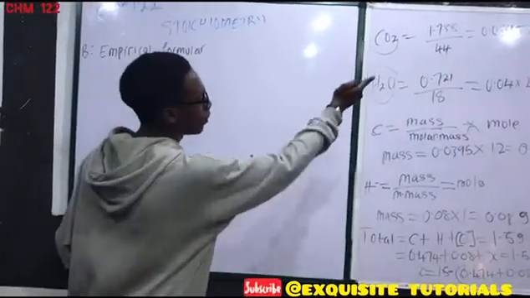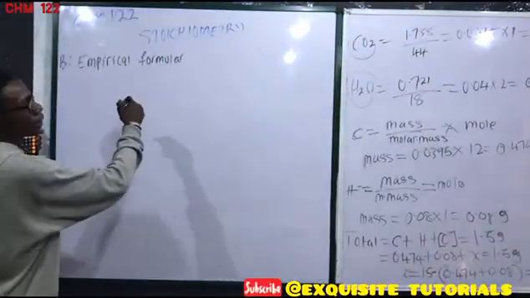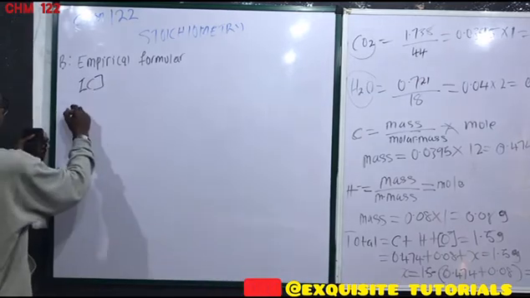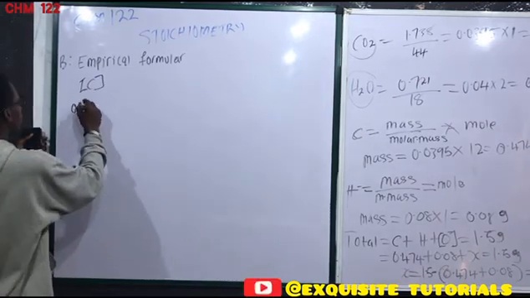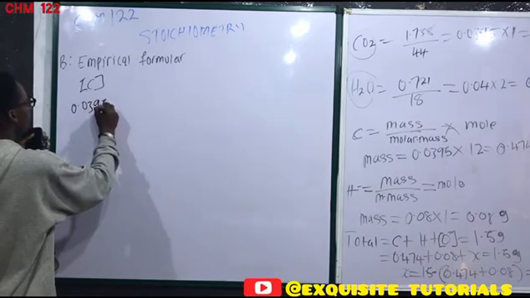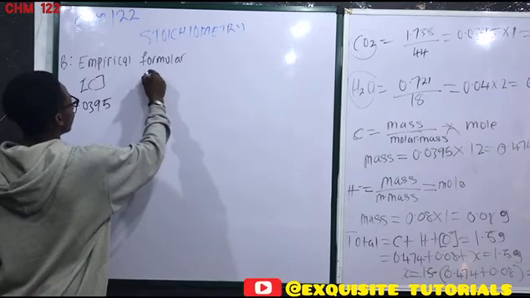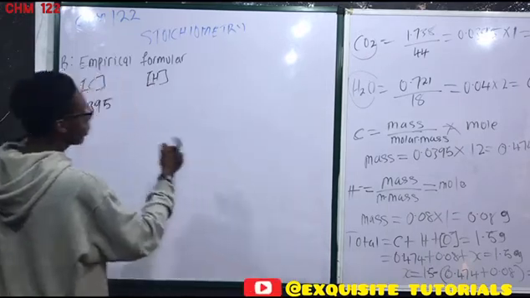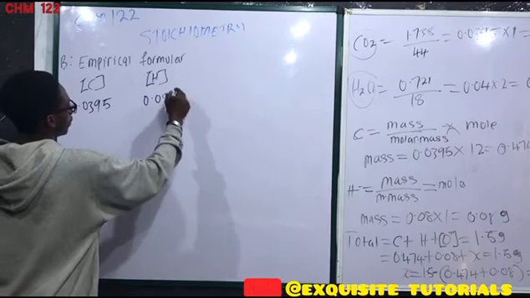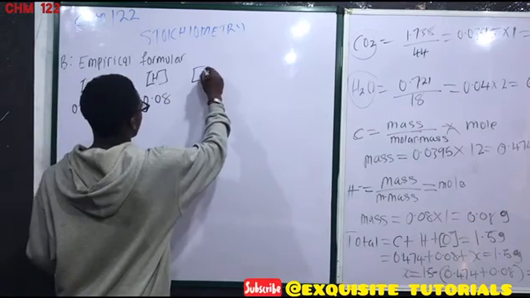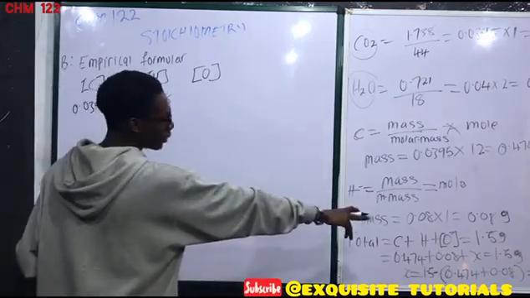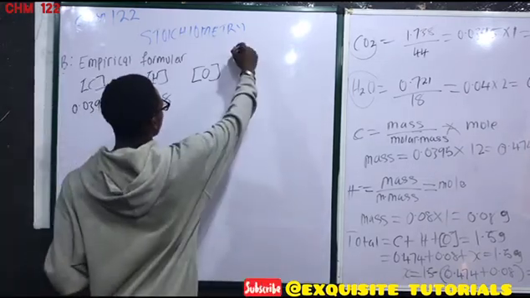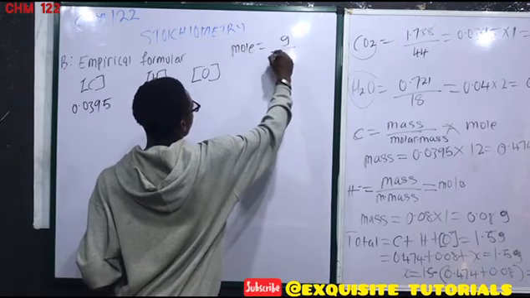Now, what was the mole of carbon? So we have the moles for carbon, 0.0395, and that of hydrogen as 0.08, and that of oxygen we have as mass there, so we have to convert that mass to mole, like the gram to mole, which we all know as mole is equal to gram over molar mass.